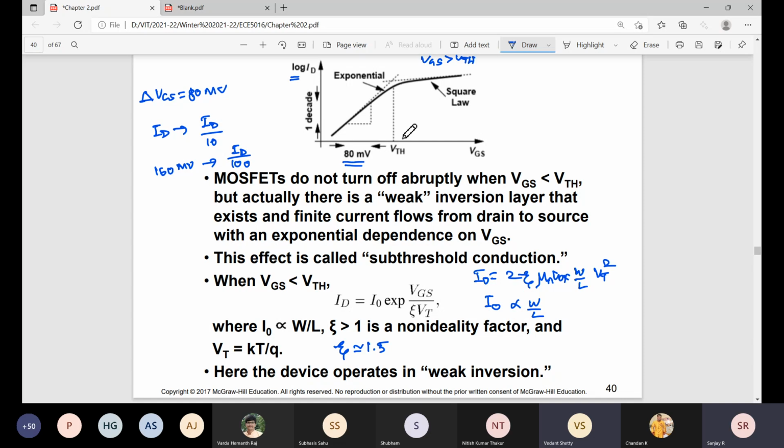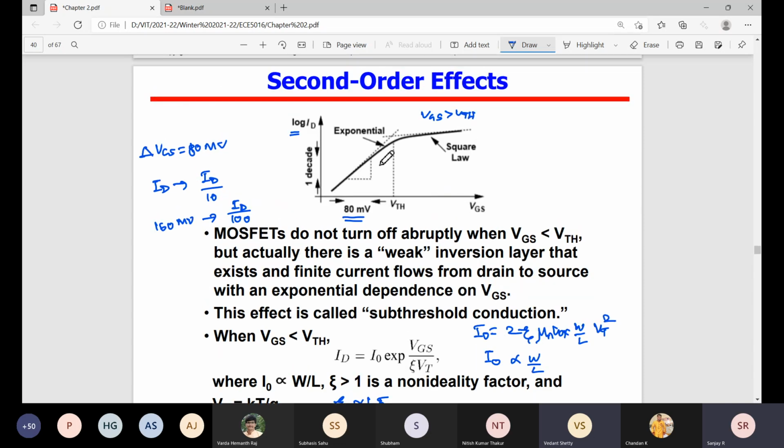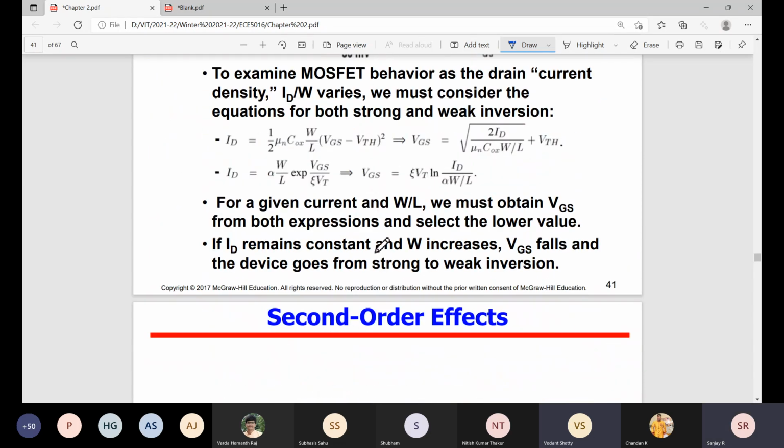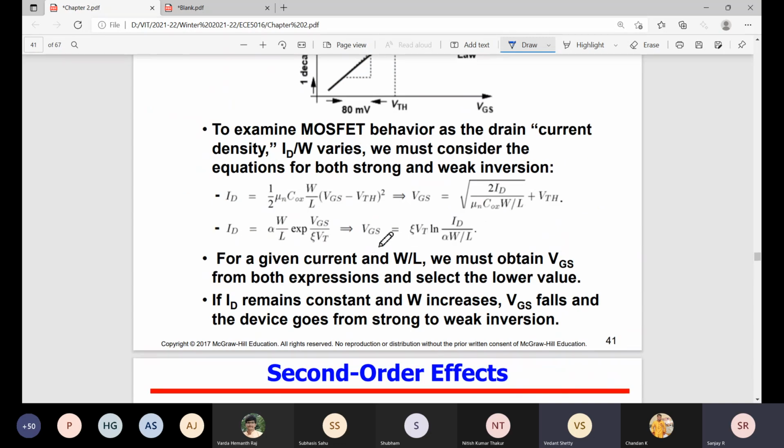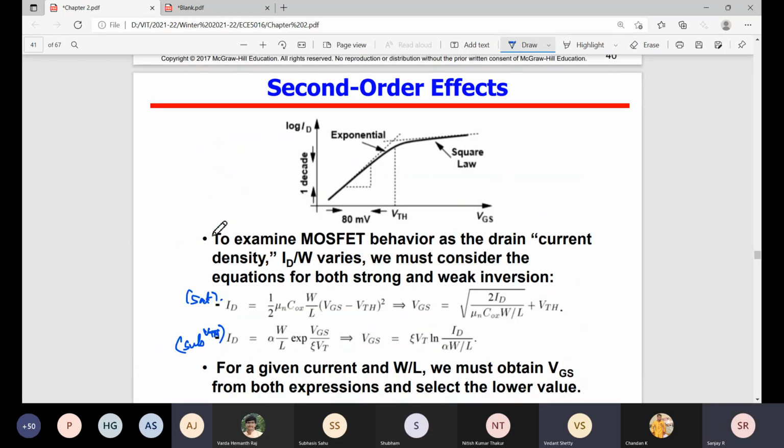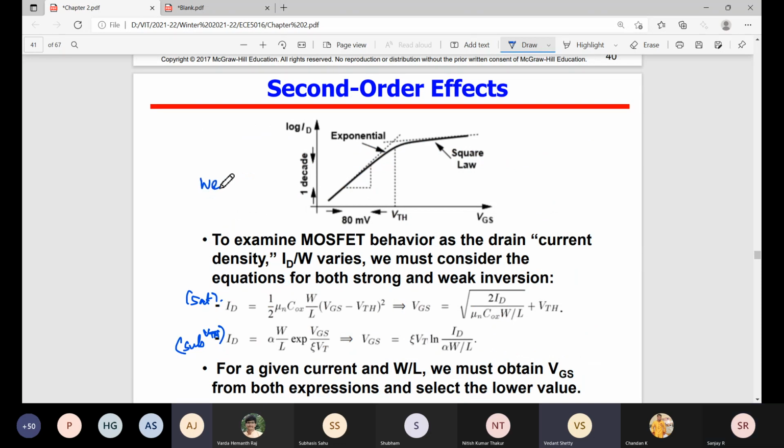Now this is a plot of the subthreshold current. We have two equations, ID in saturation and ID in subthreshold. This sub-VTH region is also called weak inversion.